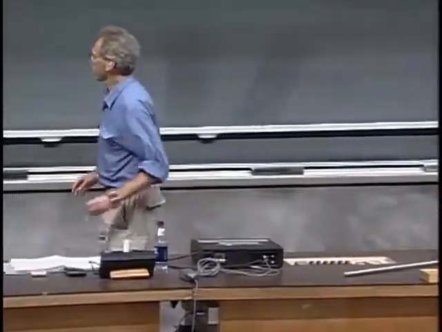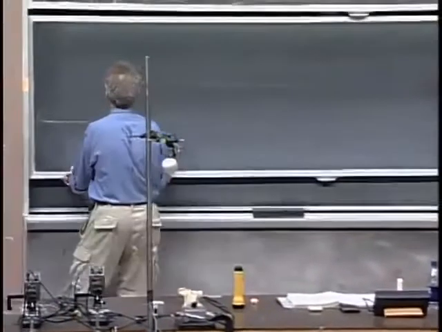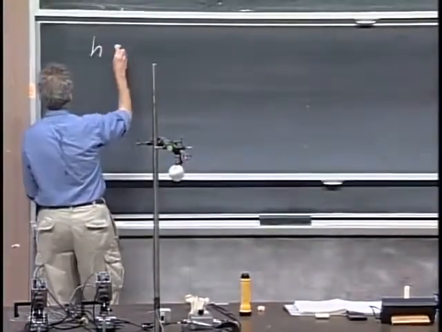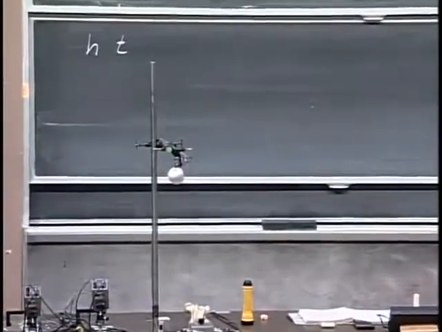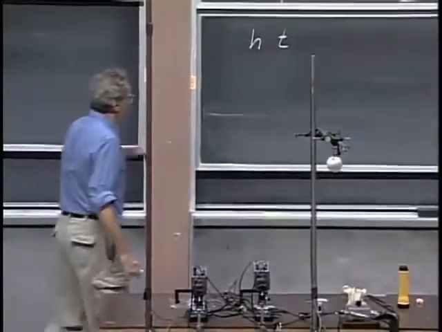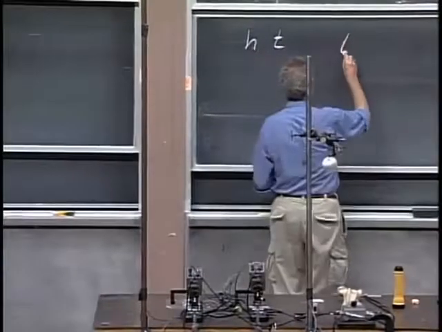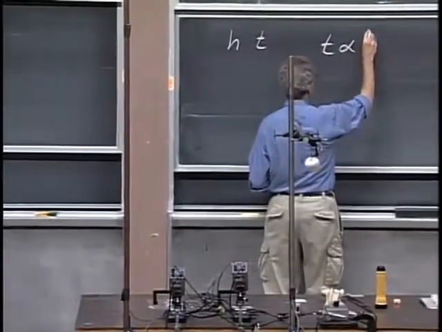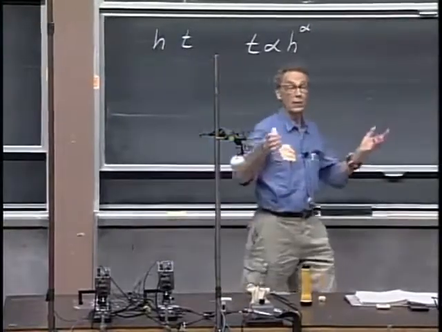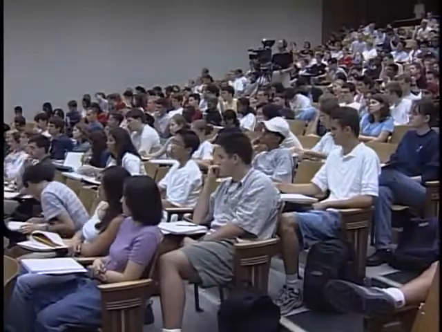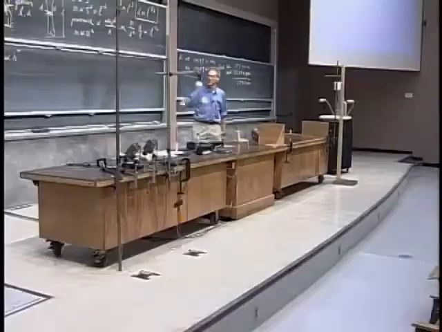Well, I drop the apple from height h, and I want to know what happens with the time when it falls. And I change h. So I said to myself, well, the time that it takes must be proportional to the height to some power alpha. It's completely reasonable. If I make the height larger, we all know that it takes longer for the apple to fall. But that's a safe thing.